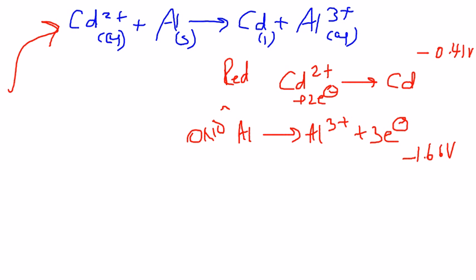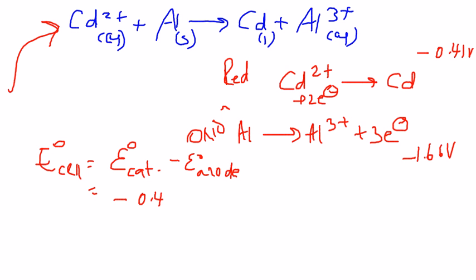Your E0 cell in this case is going to be cathode minus anode. Cathode is your reduction reaction, so that's negative 0.41. From that, you're going to subtract out the value for aluminum, and it turns out to be 1.25 volts.